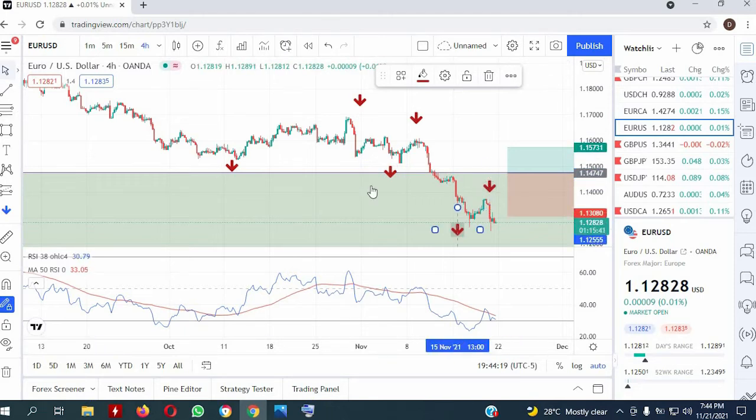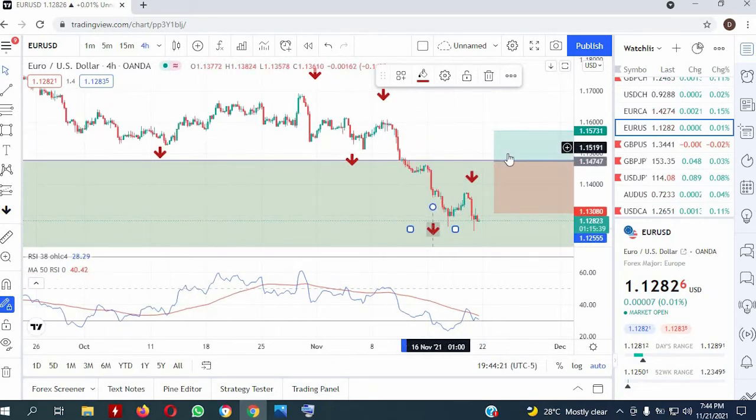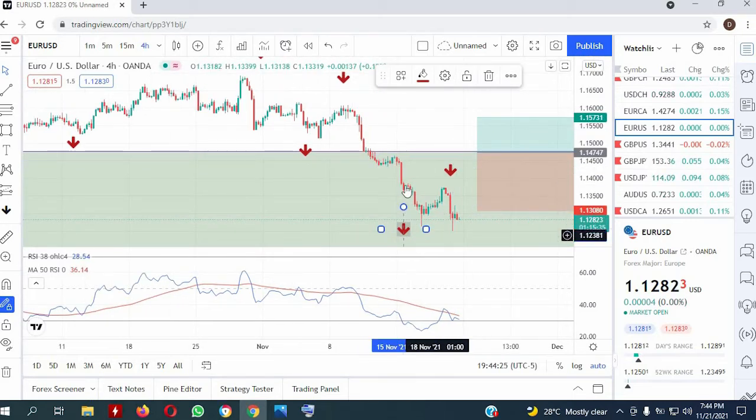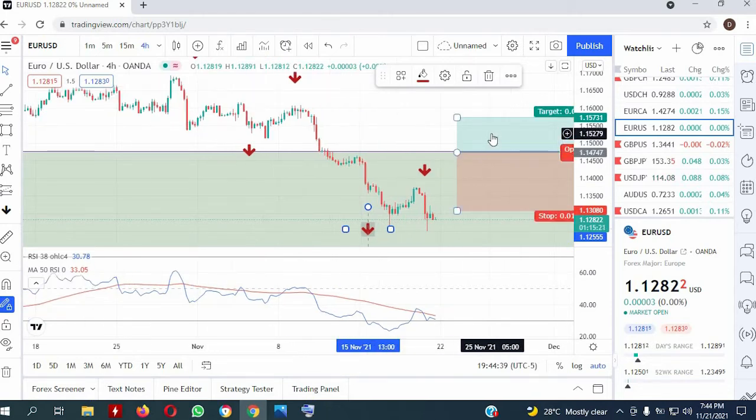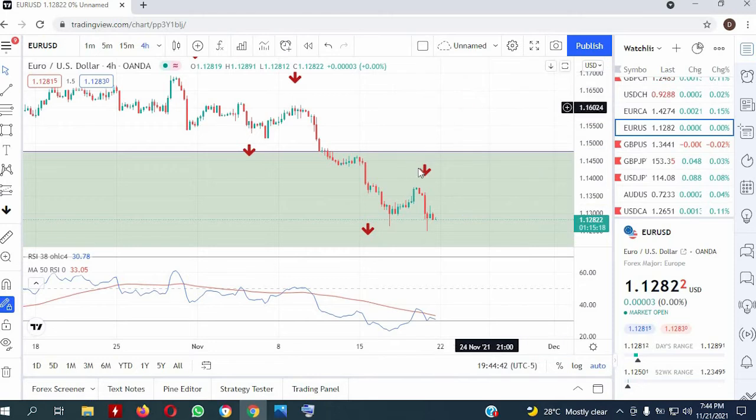So I was hoping for the EUR USD to come back into this area and gain some resistance to push further up into this lower high. However, the EUR USD pushed further down than expected. So the bear trend is very strong.